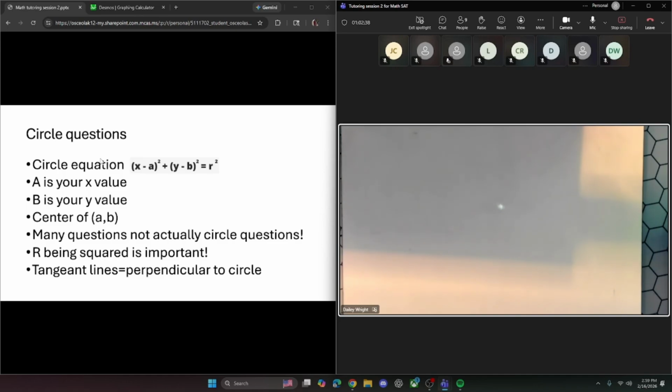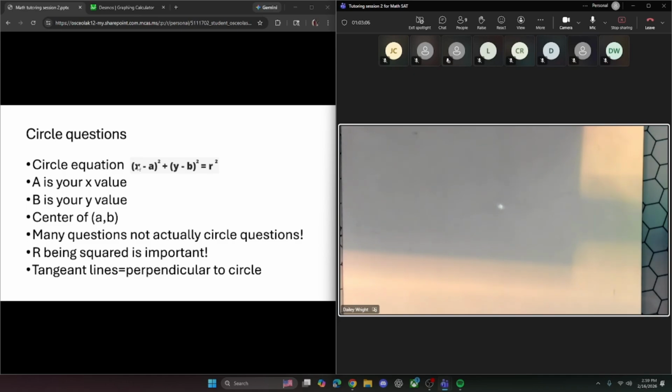They are triangle or trigonometric questions. Although you should probably know the circle equation because there's going to be a few problems on each SAT that use the circle equation to get you somewhere, it's not the most important thing in the world. Circle equations are not as scary as people think.